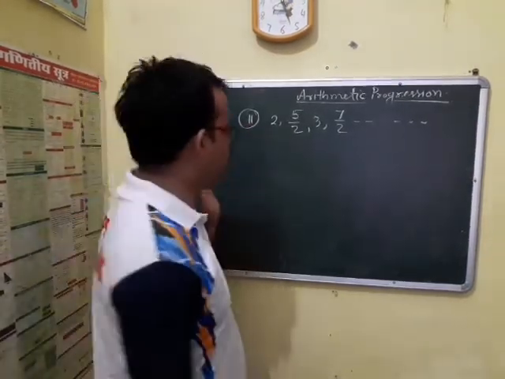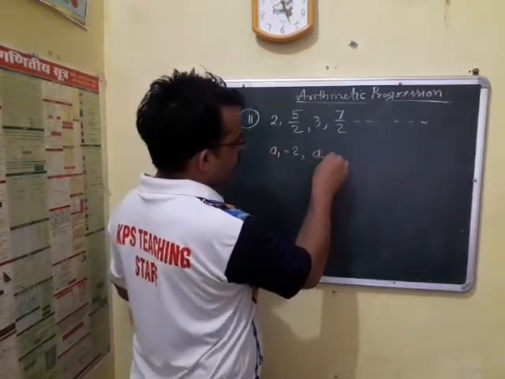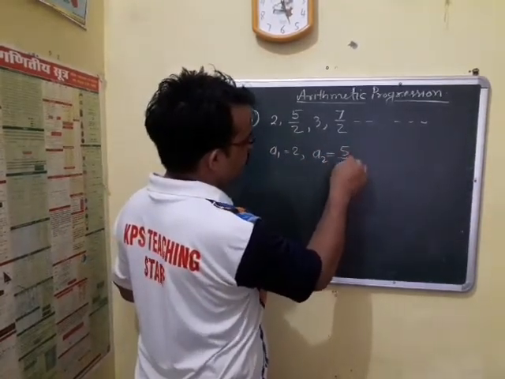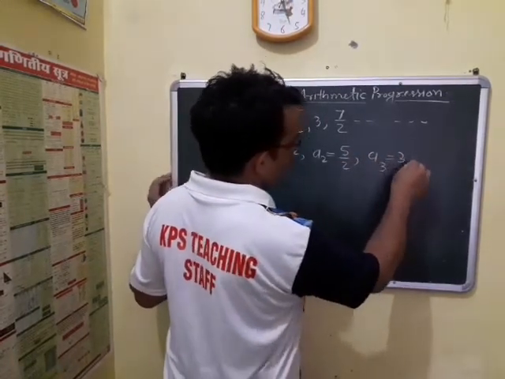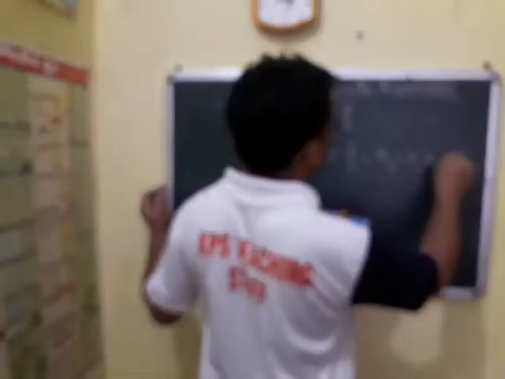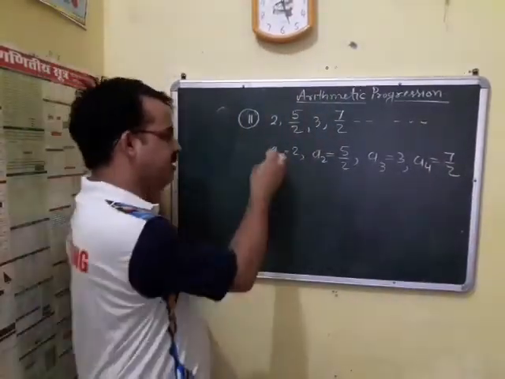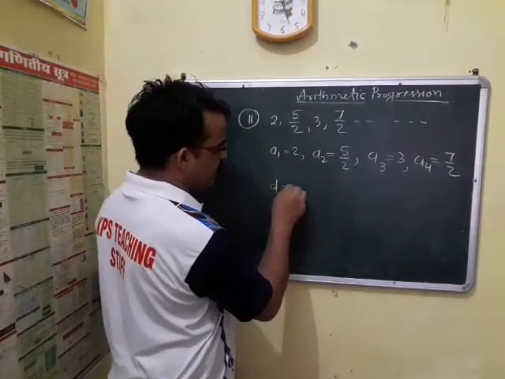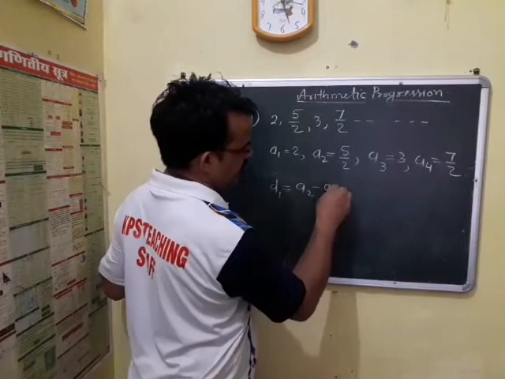A1 is given as 2, A2 is given as 5 by 2, A3 is given as 3, and A4 is given as 7 by 2. Find the common difference: D1 is equal to A2 minus A1.